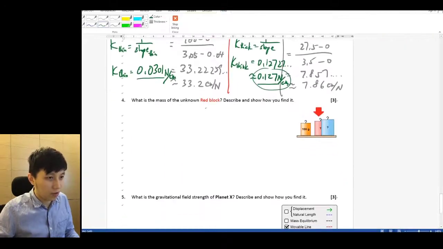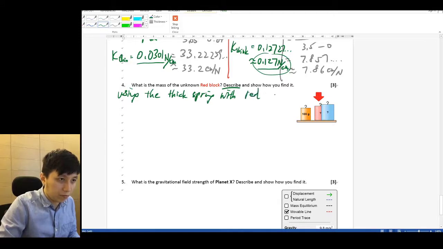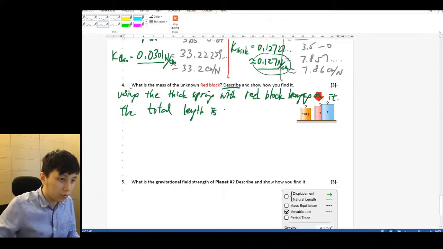Okay, so we have to describe, right? What we say is: using the thick spring with the red block, or the red mass, hanging on it, the total length that we measure is equal to 79 cm.